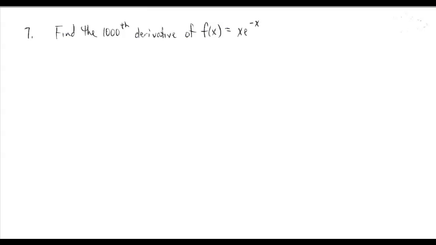All right, so what we are going to do to try to figure out what the 1,000th derivative is, we're going to do the derivative of this function several times consecutively, meaning we're going to find first derivative, second, third, fourth, and we're going to keep doing it until we find a pattern that we can establish. And once we do that, we'll use induction to pretty much say, all right, this is what I think the pattern is in general.